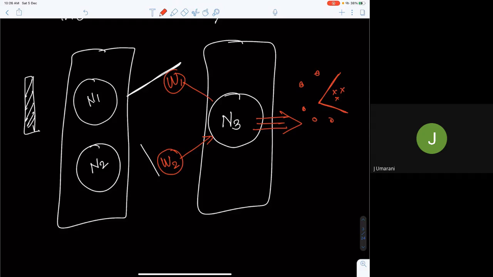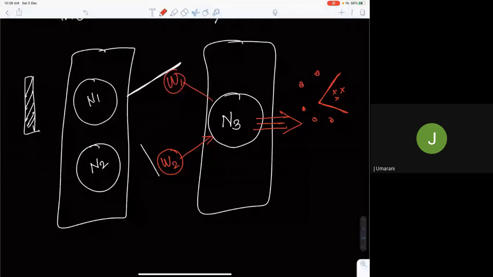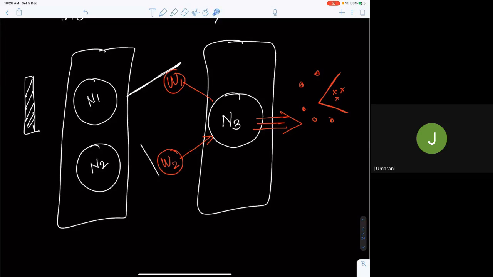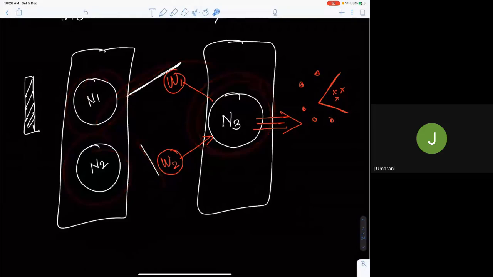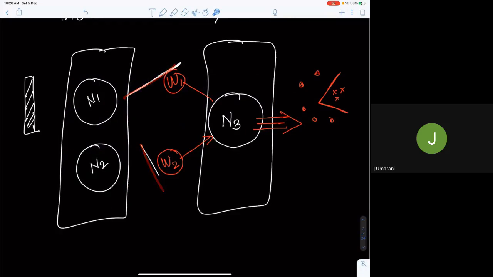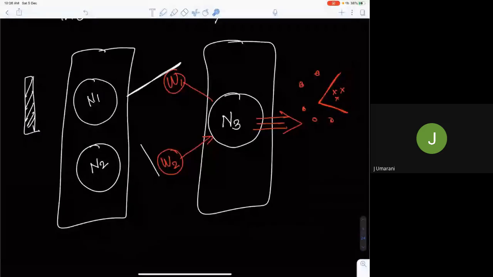So the first two neurons are learning hyperplanes, and the neurons in the upcoming layers are learning non-linear combinations of these lines. Right now it's a linear combination, but you can learn things like this.